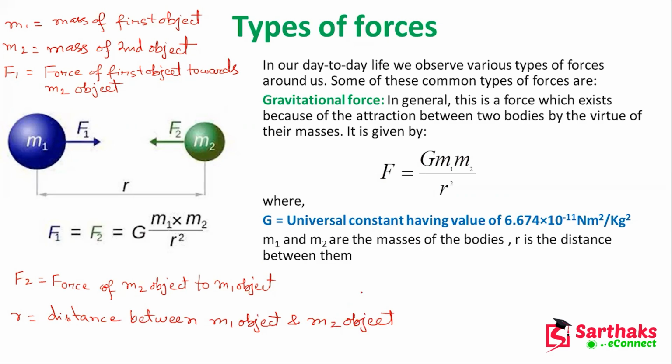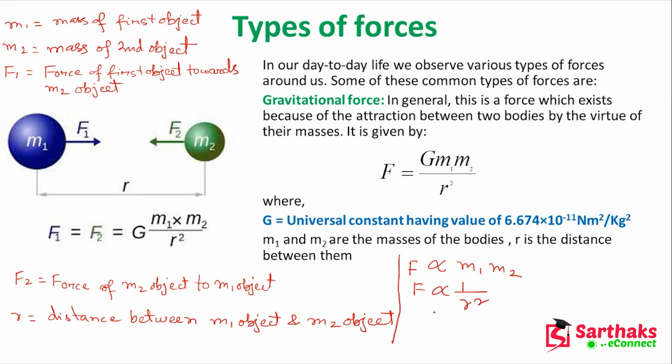So our F1 equals F2, that means that will be G into M1 M2 by R square. That means the force is proportional to M1 into M2 and inversely proportional to R square, the square of the distance.